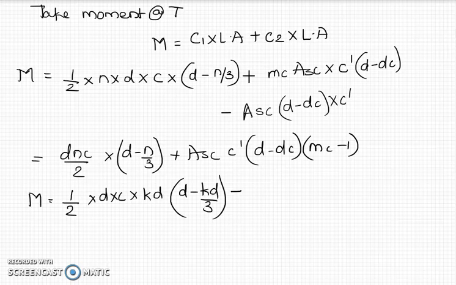I am just substituting the value of N here, ASC into C dash, D minus DC, which we have written as M times D into MC minus 1.